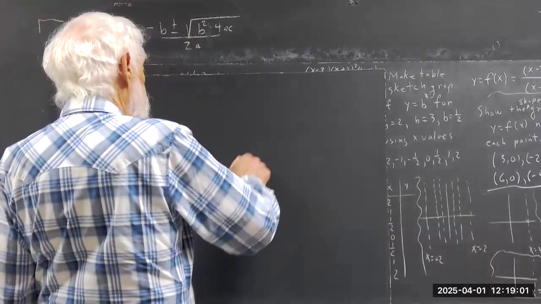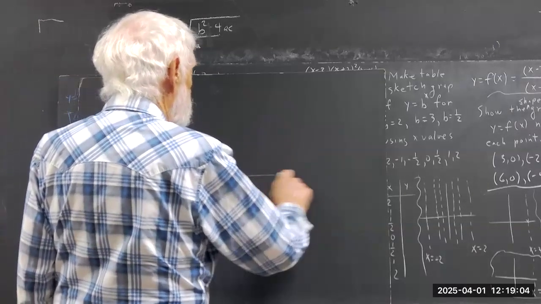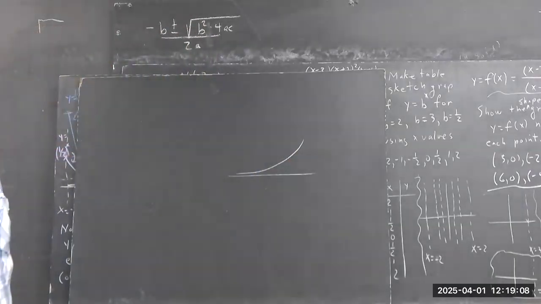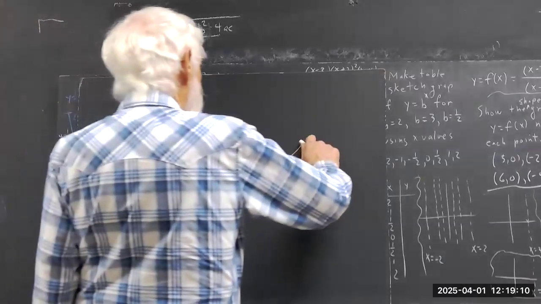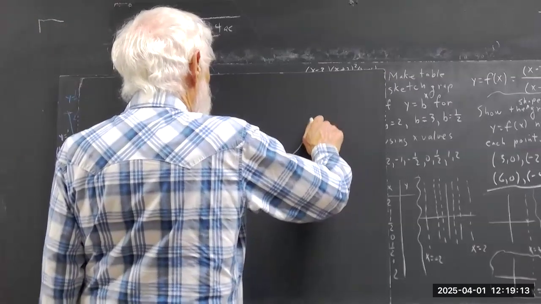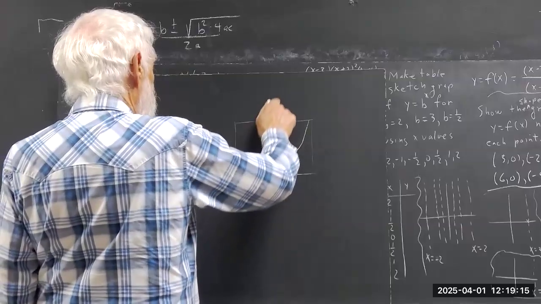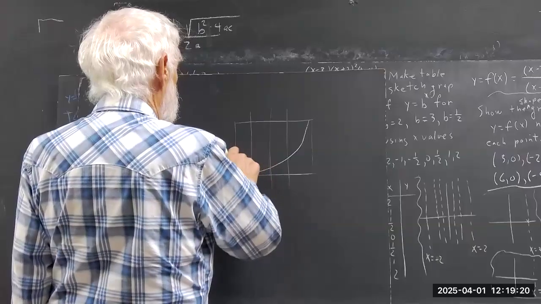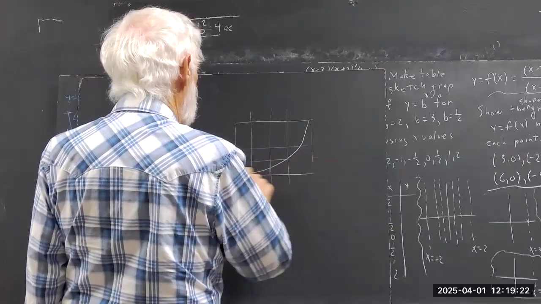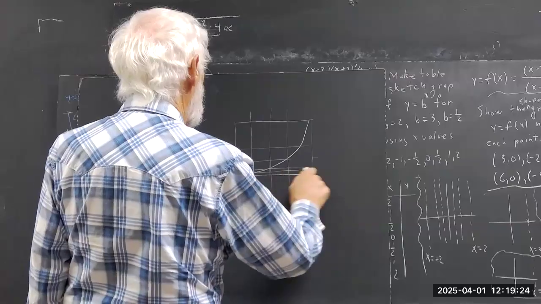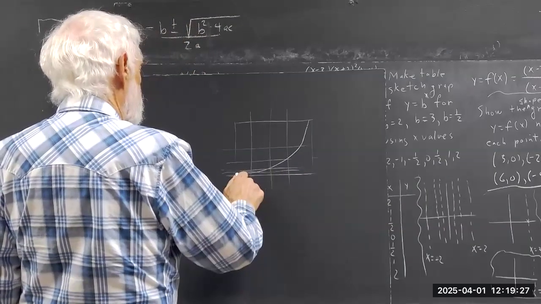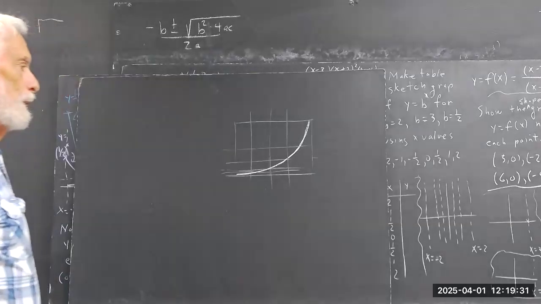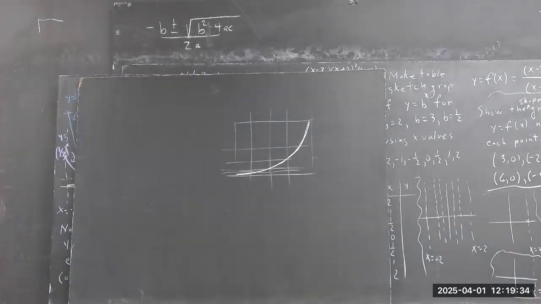So you know how to construct the shape of an exponential function. It'll end up looking something like this. Okay, so we put that inside of a grid. It's pretty much what it looks like. Okay.